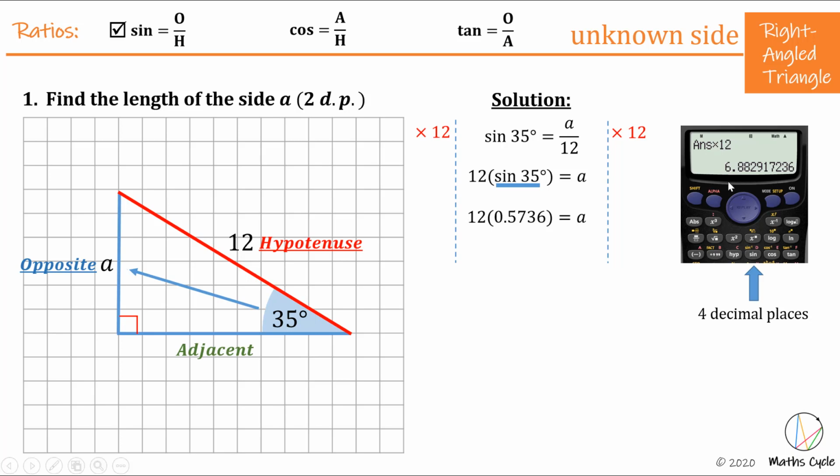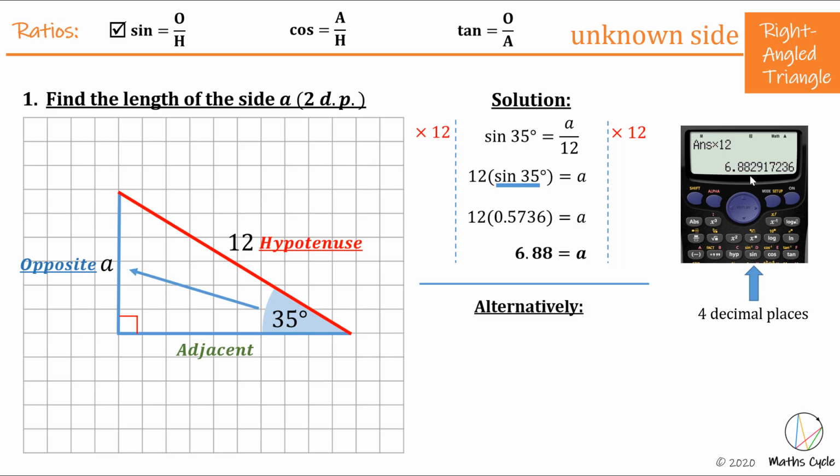So go back to your question and figure out what they asked us to do. They asked us to find the side A correct to 2 decimal places. So 0.88 is 2 decimal places and the number after the 8 is a 2, which is less than 5, so we're rounding down. My answer here is A equals 6.88. That represents the length of A.